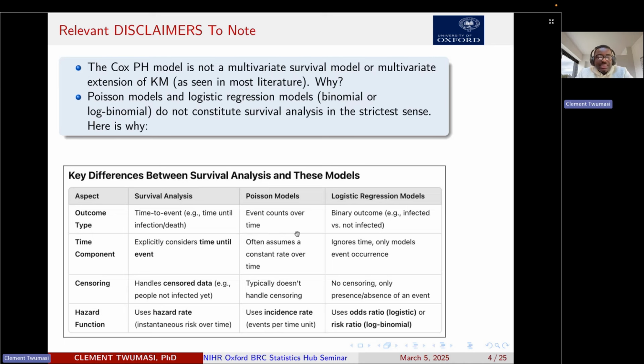The key point is that the outcome must be time to event before you can classify it as a survival model or survival analysis. That's what I want us to note. And one thing too is that the logistic or Poisson models are not able to handle censoring.